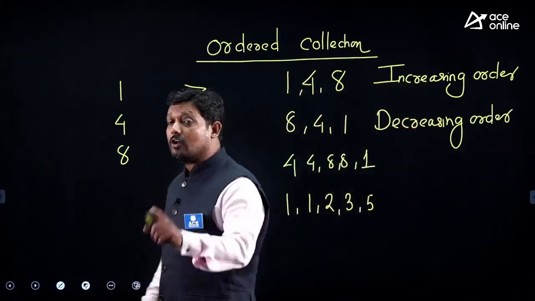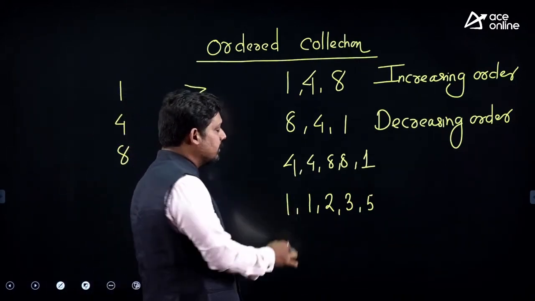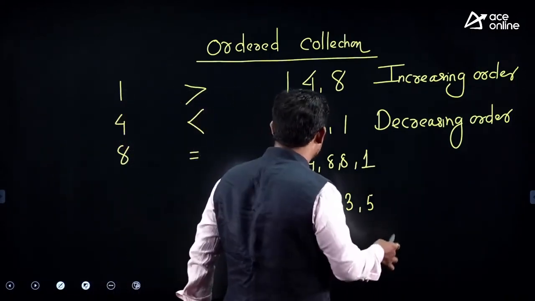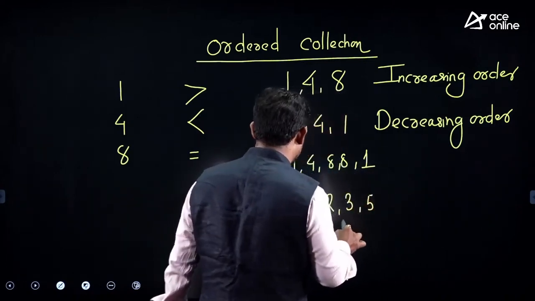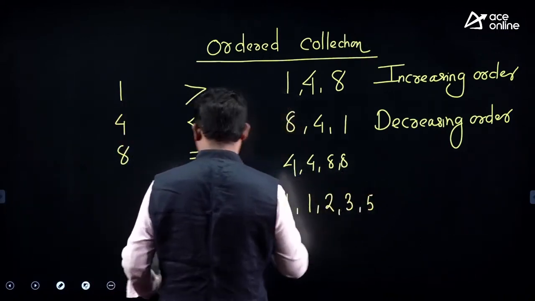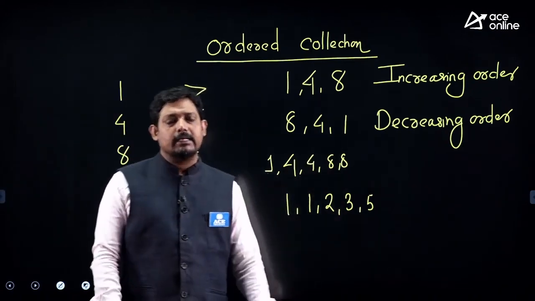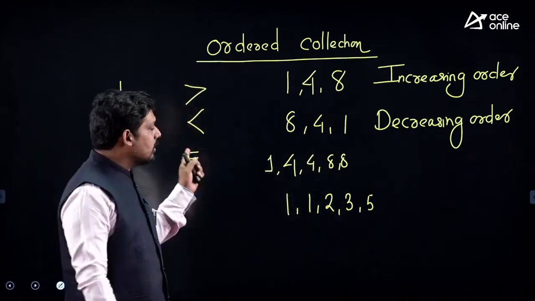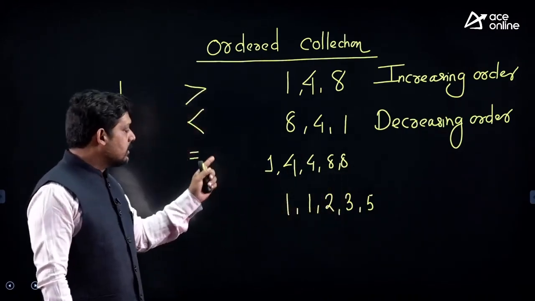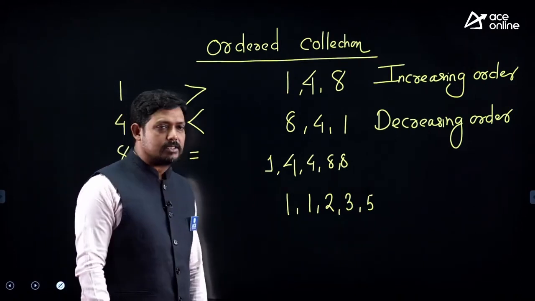The next one is not a decreasing order, because from one element to another the value must decrease, but here 4 to 4 is not decreasing. Okay, my ordering is flawed, sorry: 1, 4, 4, 8, 8 is not an increasing order, because 4 to 4 and 8 to 8 are not increasing, but 1, 2, 4 is increasing.